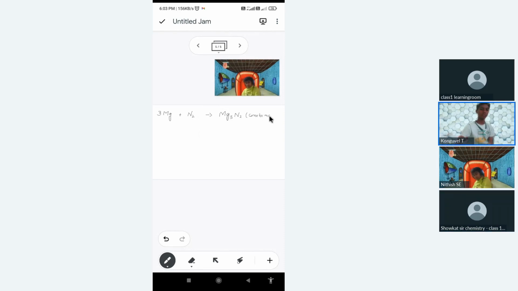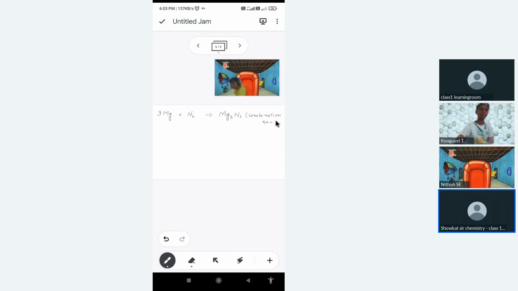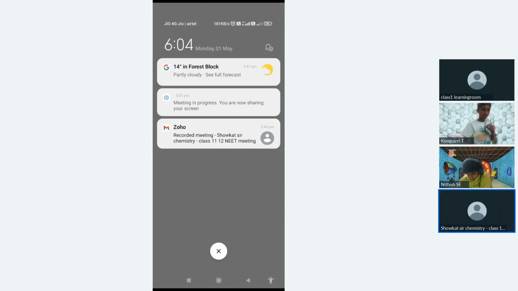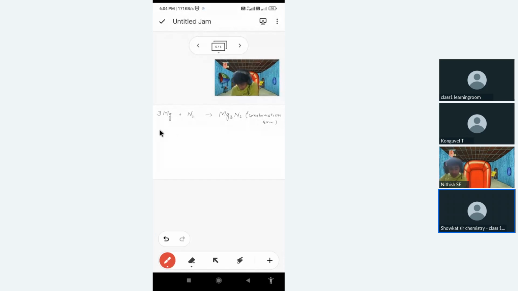In a combination reaction, two elements can combine, an element and a compound can combine, and sometimes two compounds may combine to form a single product. Correct?